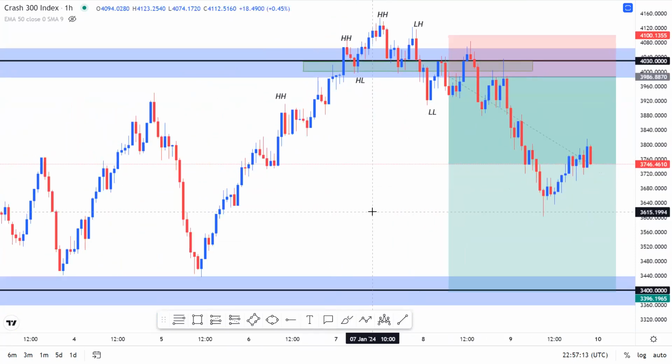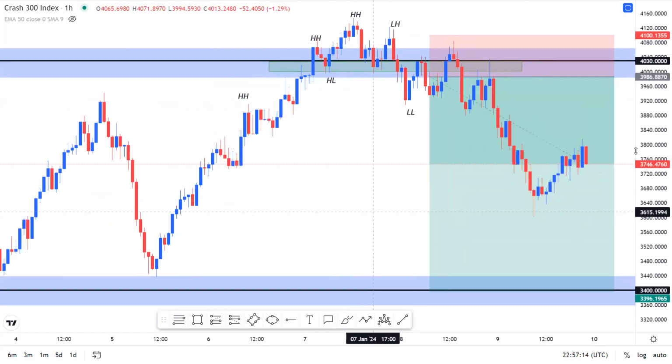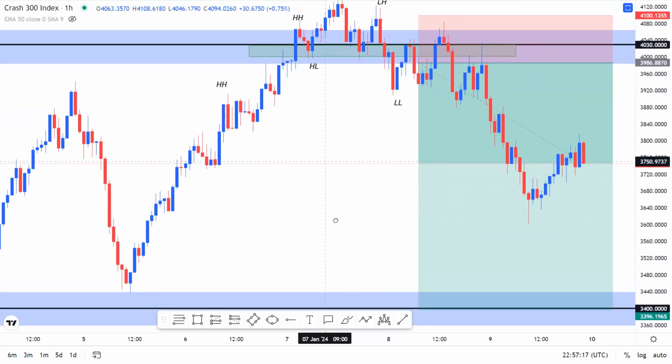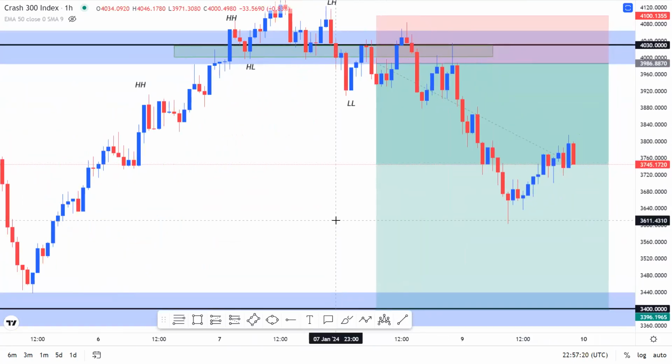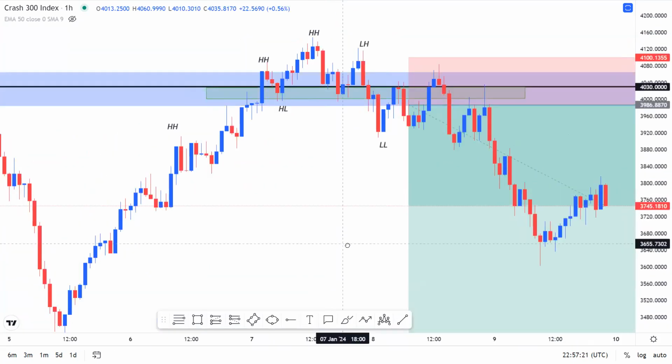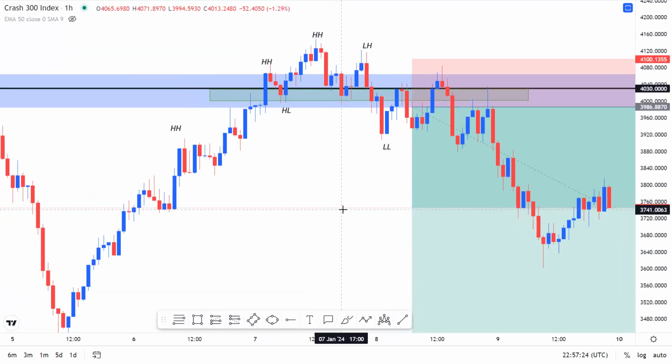Now it's one thing to know where to get in on a trade, and then it's another to know when is the best level to get out of the trade. And then since we had identified the opportunity from the daily time frame, it's only expected my exit plans would be from the daily time frame also.